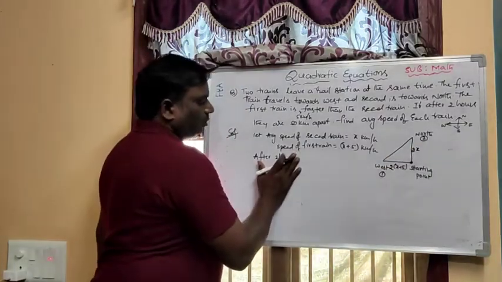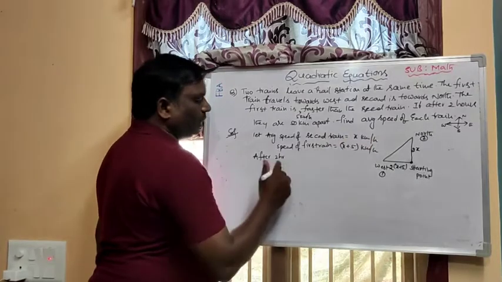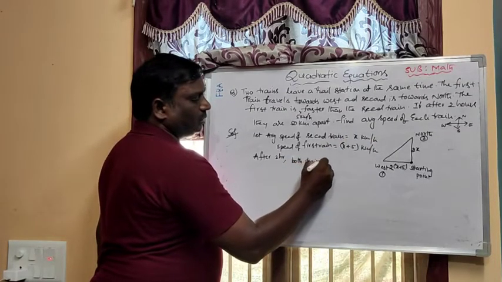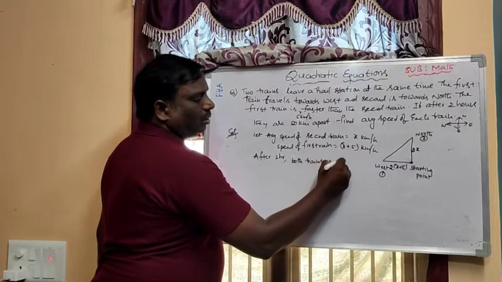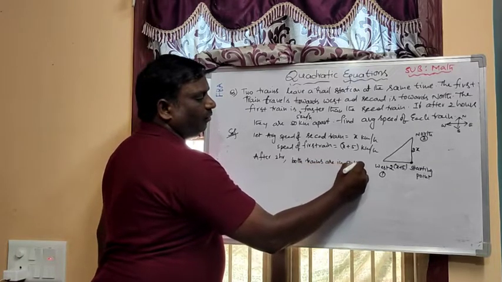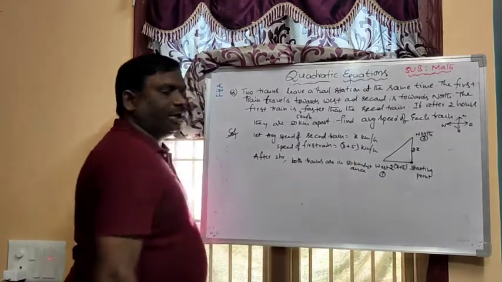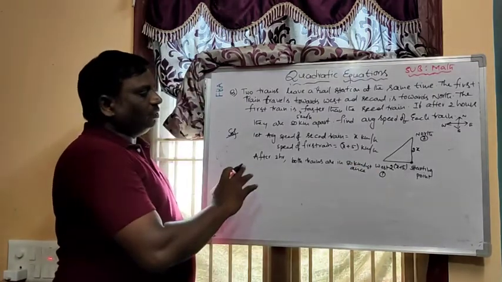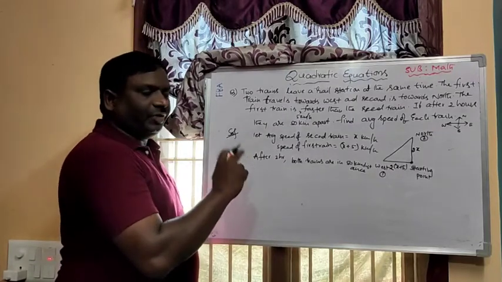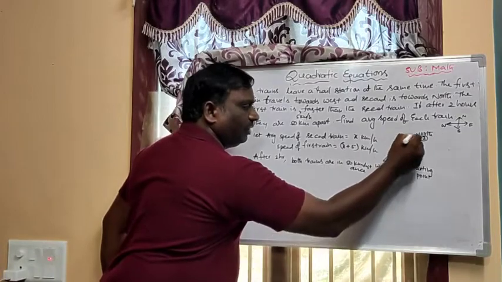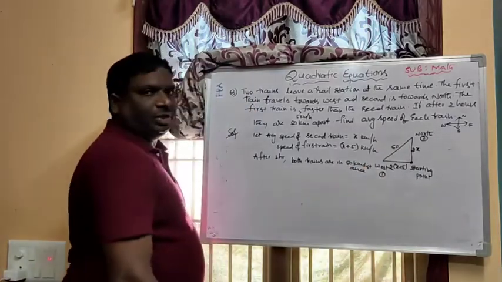Now after 2 hours, both trains are 50 kilometers apart. This is the distance between the two trains, that is 50 kilometers.